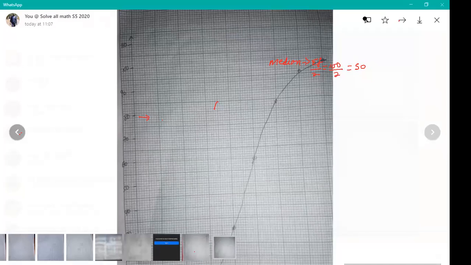Now where is my 50? My 50 is right here. So you get a ruler and a pencil, then mark dotted lines along this line, or just trace with a ruler.